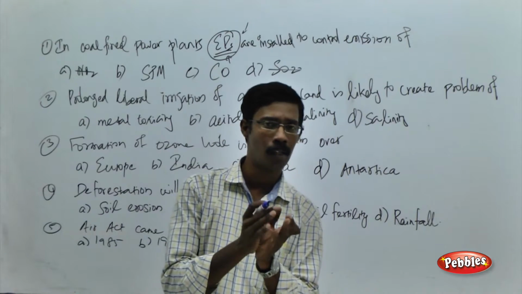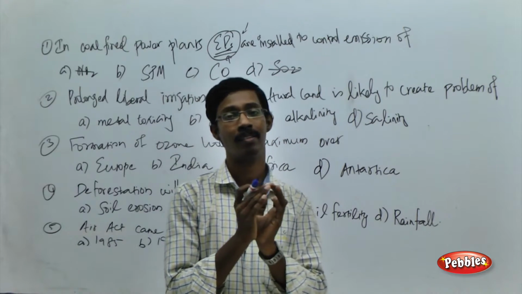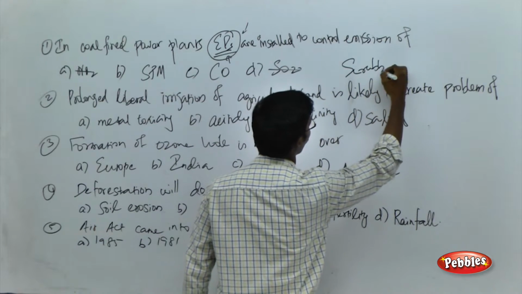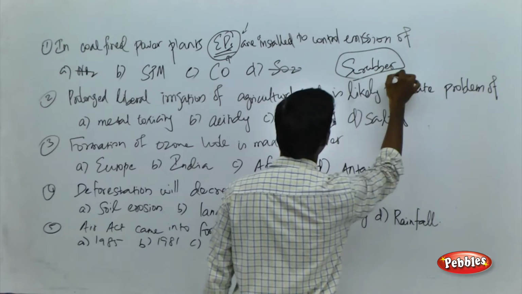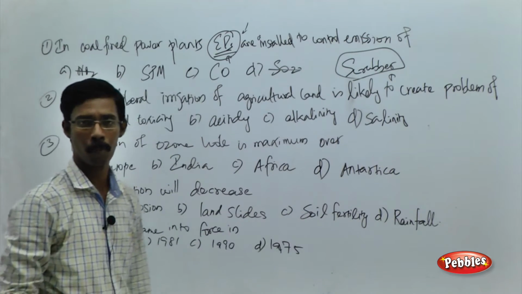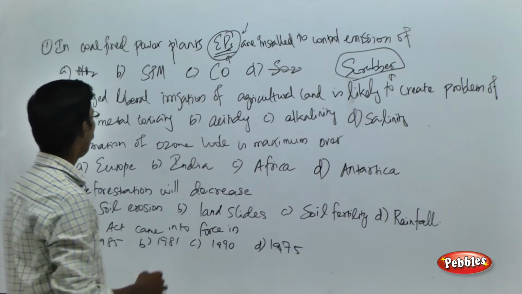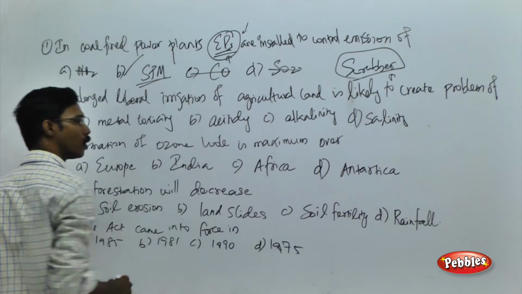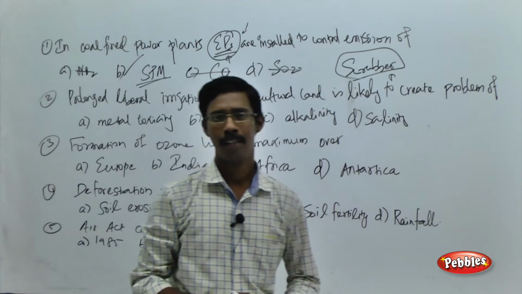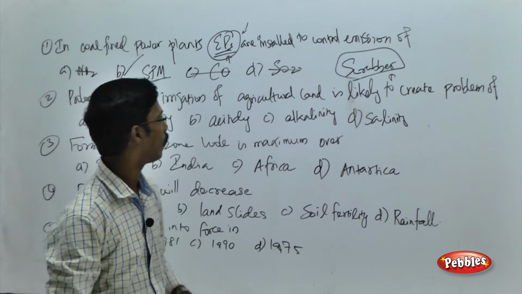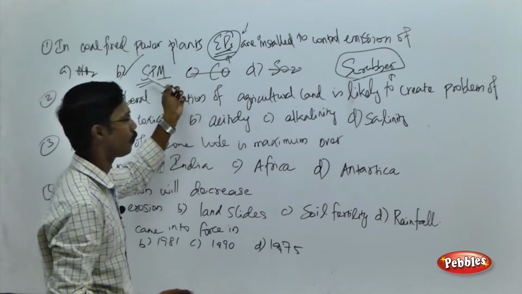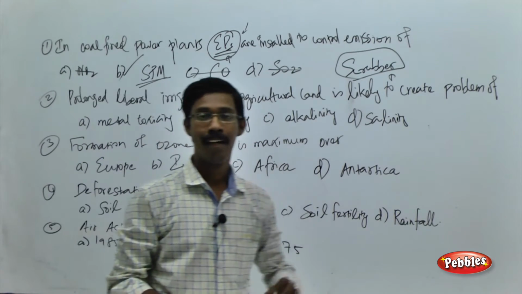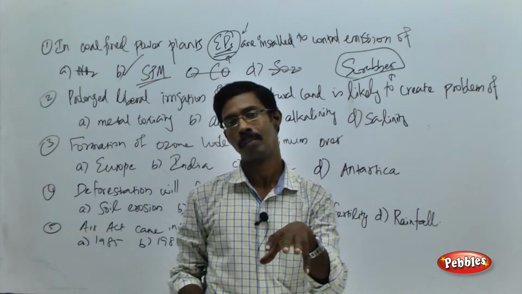the scrubber. I told you the term scrubber. The scrubber will filter out the sulfur dioxide and nitrogen oxide from the smoke, and carbon monoxide may not be the correct answer. As I told you, SPM refers to solid particulate matter, and the emission of SPM will be controlled by the electrostatic precipitator, which will precipitate out all the solid particles.